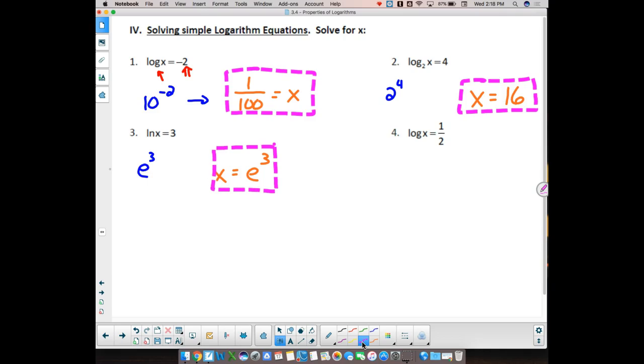Number 4, what's x? What's my base? 10. What's my exponent? Exponents of 1/2. What does that mean?